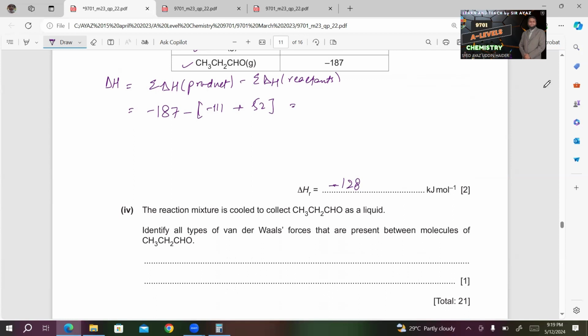Moving to the next question. Number 4, the reaction mixture is cooled to collect CH3CH2CHO as a liquid. Identify all types of van der Waals forces that are present between molecules of CH3CH2CHO. It must contain instantaneous dipole, induced dipole, and permanent dipole, permanent dipole. The permanent dipole is due to the presence of CHO.